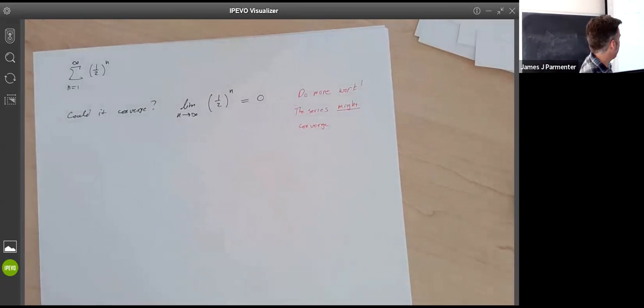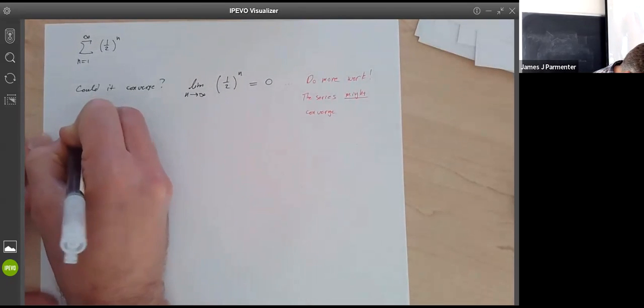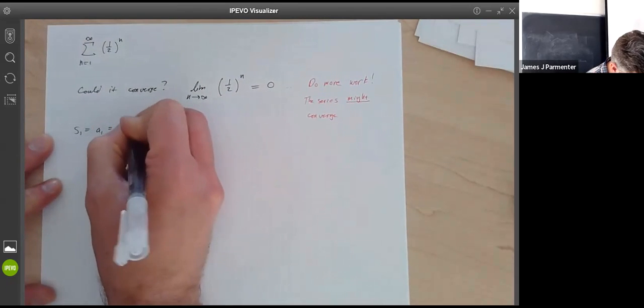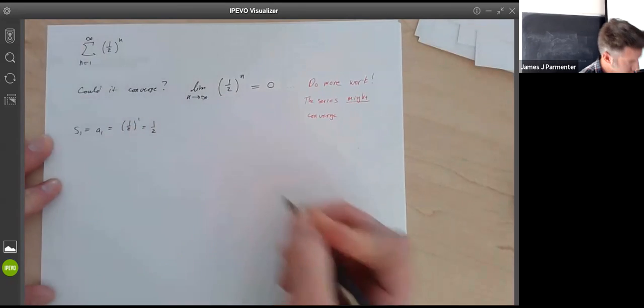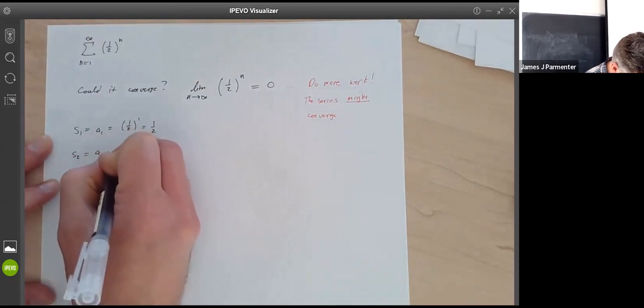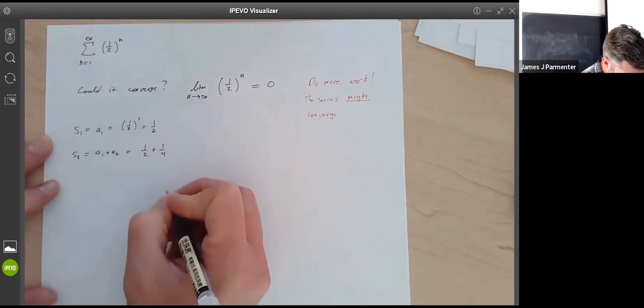Okay, so this is probably where we start talking about the sequence of partial sums. So the first partial sum is just the first term, which is going to be 1/2 to the 1, which is not exciting. The second partial sum is going to be the first two terms added together, which is going to be 1/2 plus 1/4.